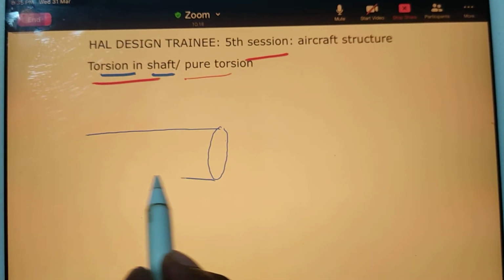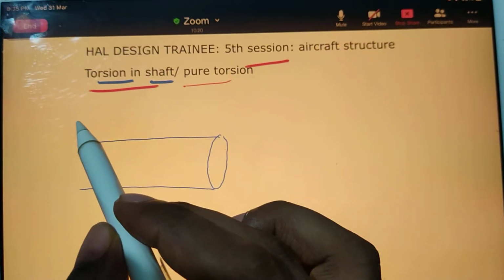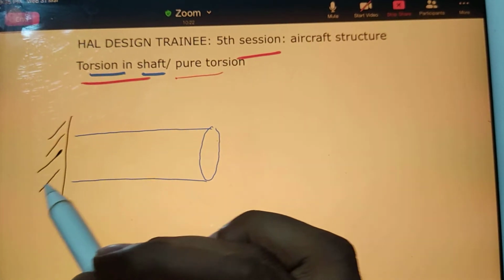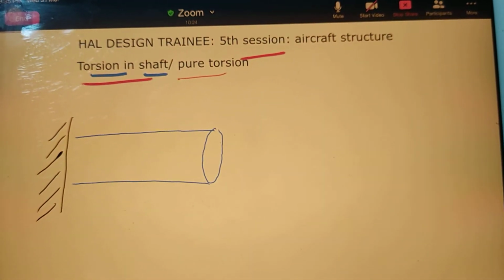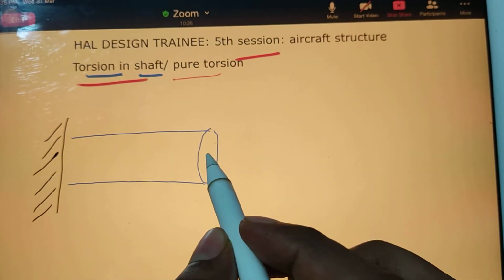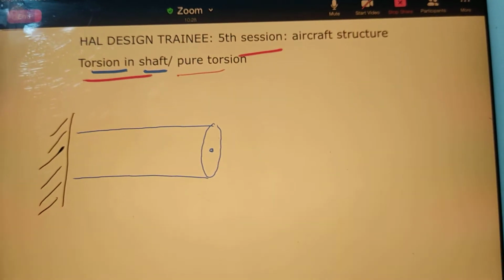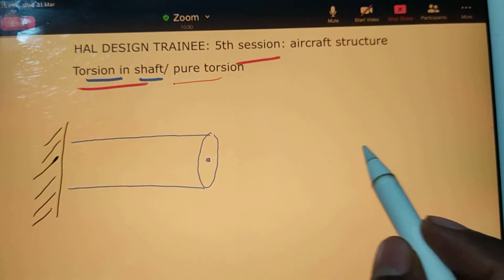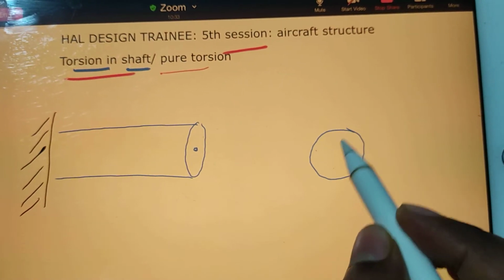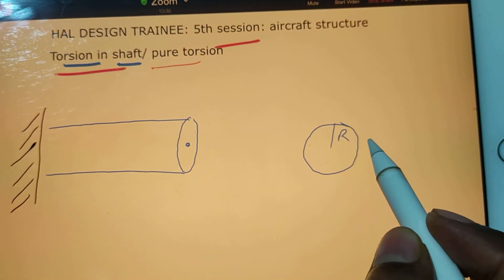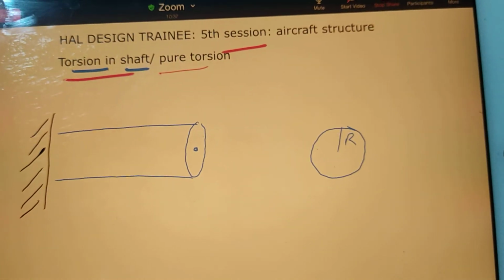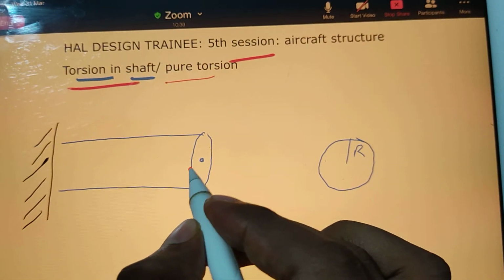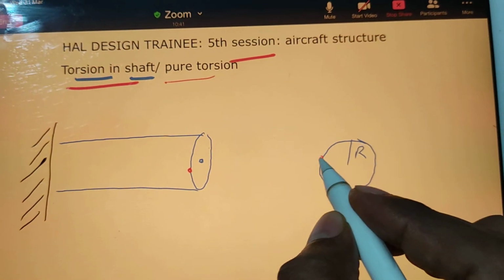This is the length, and imagine somewhere here in the wall the shaft is rigid, and this is the center. So I will draw the cross section separately. So this is the radius r, and imagine there is any point here.